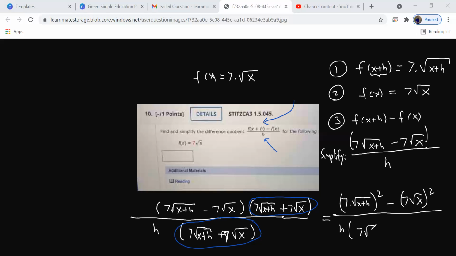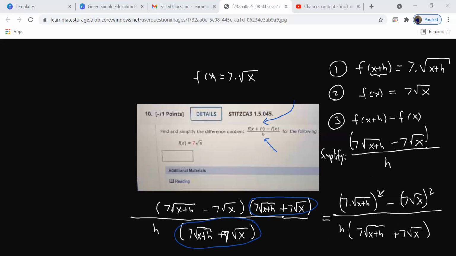We're not going to distribute h to the bottom. We're just going to wait until a factor shows up, because we need to simplify h with possibly a factor that shows up from the top. Okay, let's continue that over here.